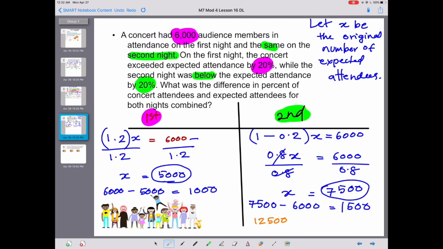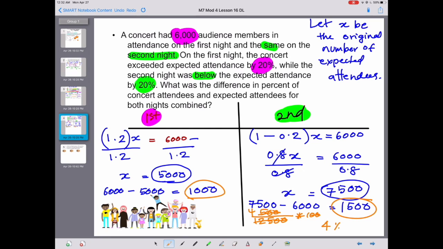What's the difference between 1,000 and 1,500? That's 500. Okay, so this and this. And now I have to multiply this by 100 to figure out the percentage. So I would get these to cancel each other. Get 4. This goes into 4 times.